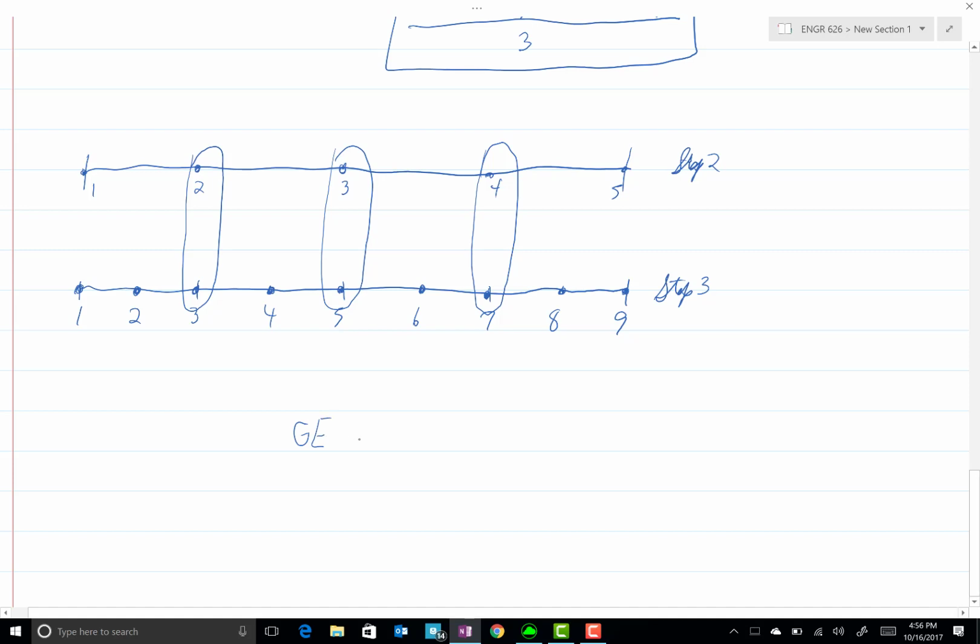The global error is equal to the square root of the sum, i equals interior nodes, of U numerical at i minus U exact at i, squared, divided by the number of interior nodes.